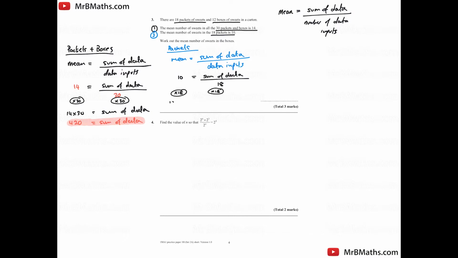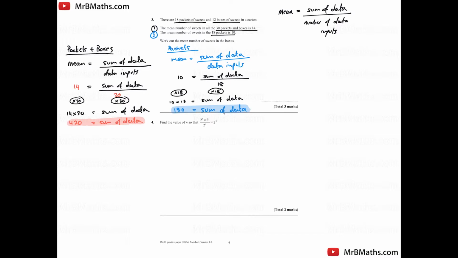So then we get 10 times 18 equals sum of data. Therefore we get 180 equals sum of data. So this is for us to know too.